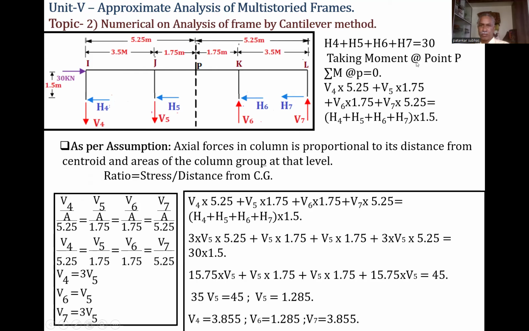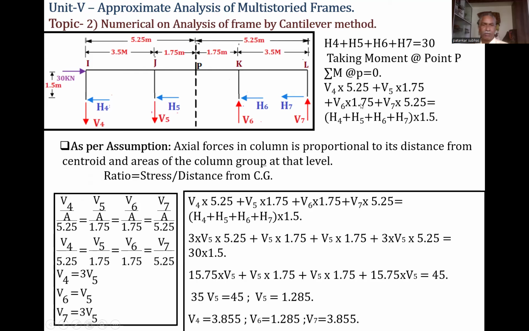So taking moment about the point P, that means about the CG of the section, we get V4 multiplied by this distance, that is 5.25, V5 multiplied by this distance, that is 1.75, and V6 multiplied by this distance. The direction of all the moments is the same, that is clockwise.